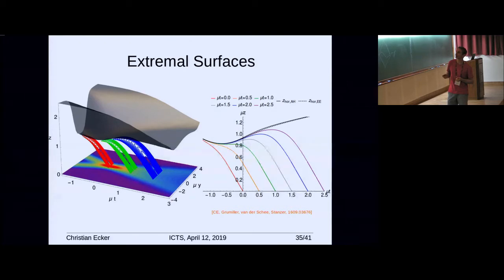And here I show you cross sections of these extremal Ryu-Takayanagi surfaces, how they reach into the bulk. And this black surface is the apparent horizon in this simulation. What is interesting maybe in this case, these surfaces for the entanglement entropy, they never cross the apparent horizon.